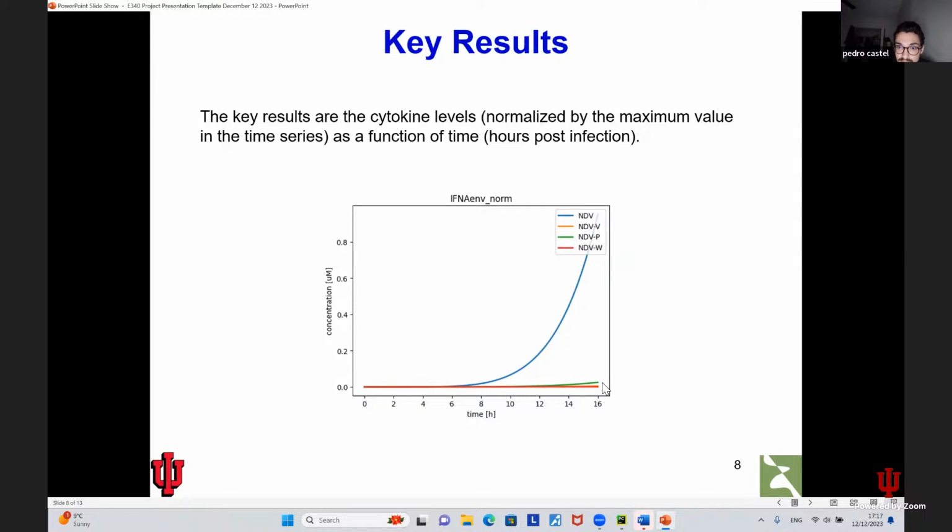It's not clear from this graph, but NDV with the P protein, which is the green curve, is not as low as the other two. And as we'll see later, V and W are the strongest.